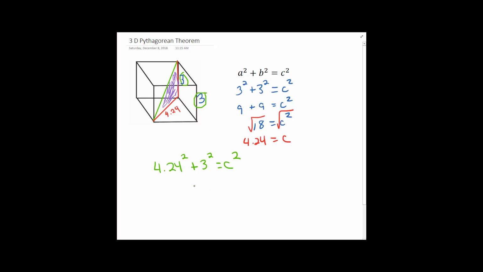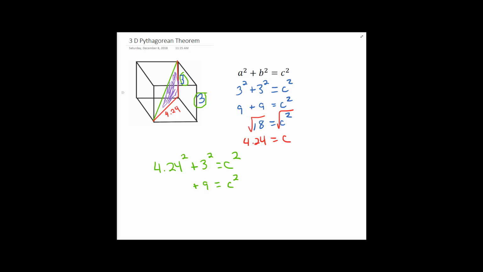Okay, so 3 squared, that's easy, that's 9, equals c squared. And then 4.24 squared is 17.9776. We'll just call it, tell you what, we'll round it up to 18.